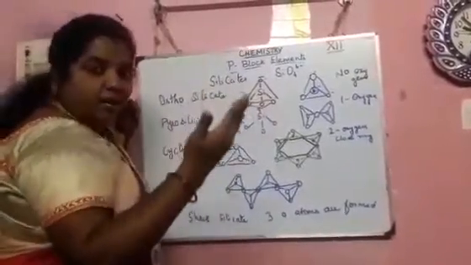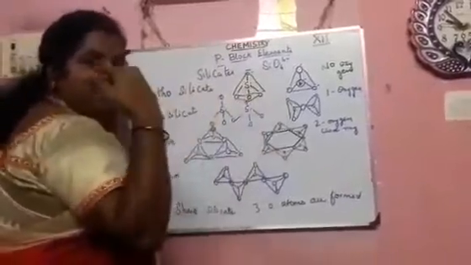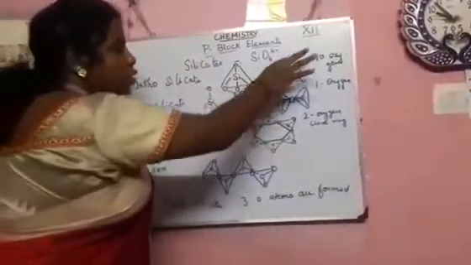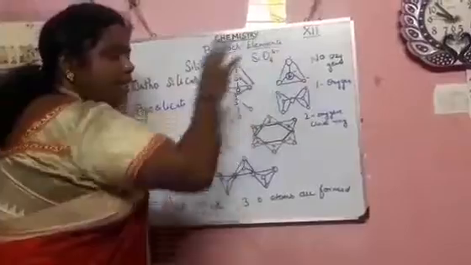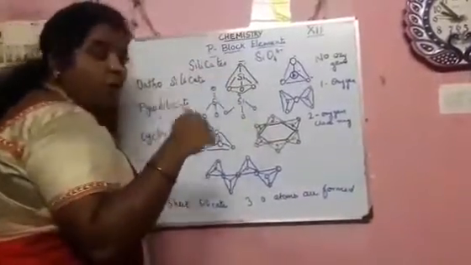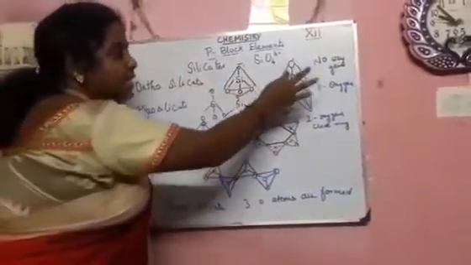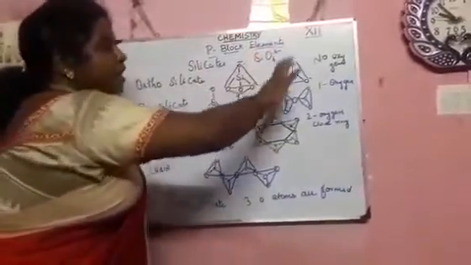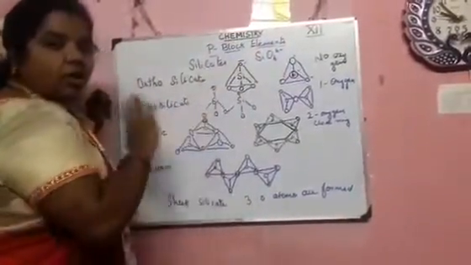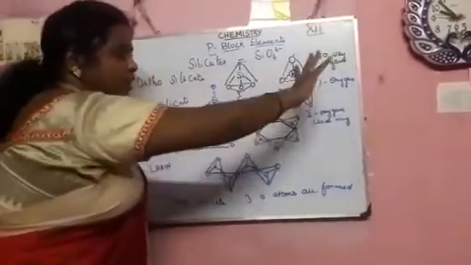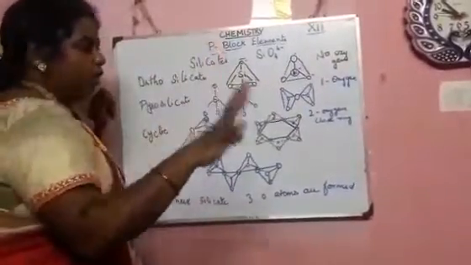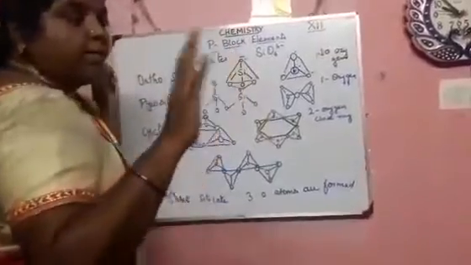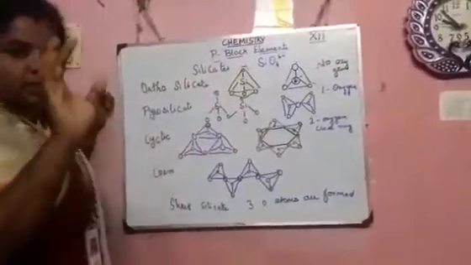If it is in 2D, we can never show the structure behind. So usually only 3 oxygens are drawn, and the fourth oxygen is represented at the center, in place of silicon. Here no oxygen is shared, it is just bonded. So this is the Ortho Silicate. In Ortho Silicates, no oxygen is shared.